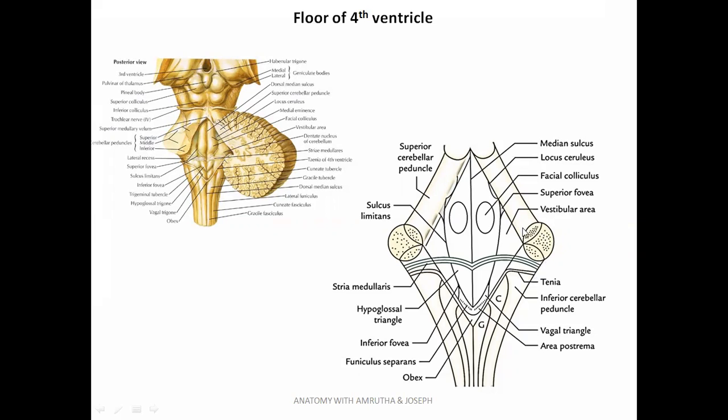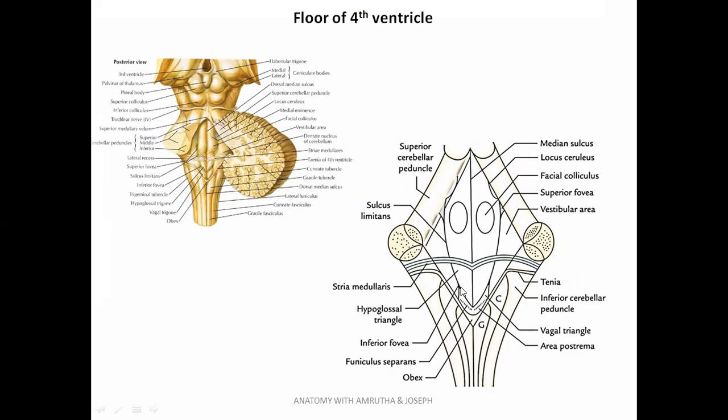And on either side of the sulcus limitans, there's an area called the vestibular area, because there are vestibular nuclei. Vestibular nuclei are related to the vestibulocochlear nerve, so it is seen in this area. So these are some of the things that you can see in this part.